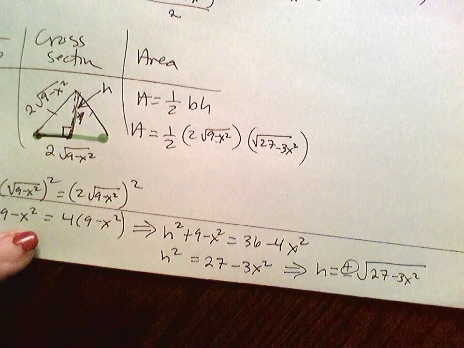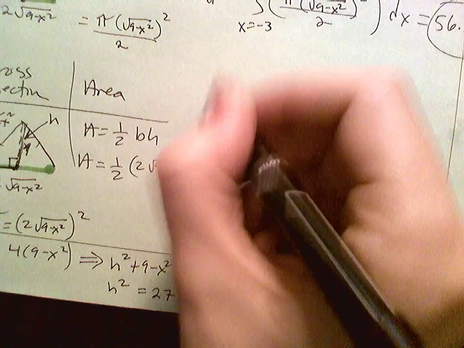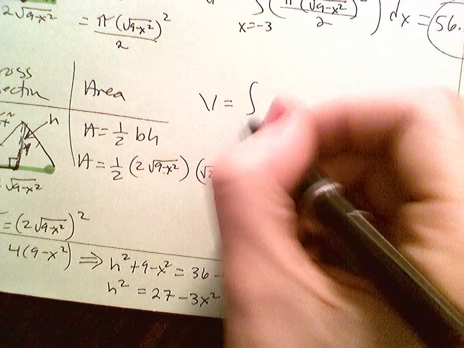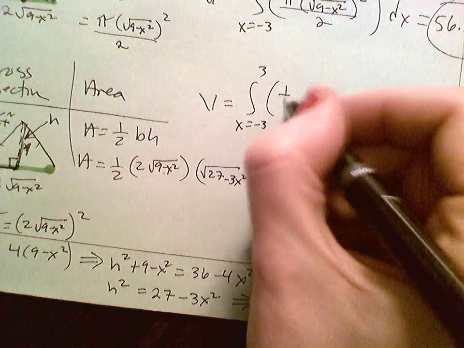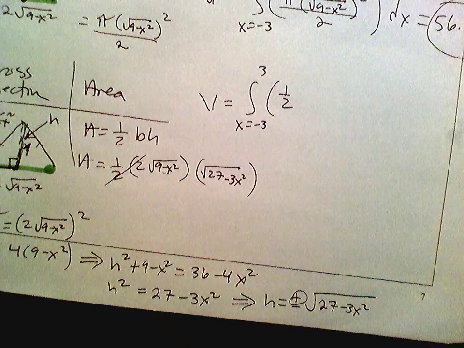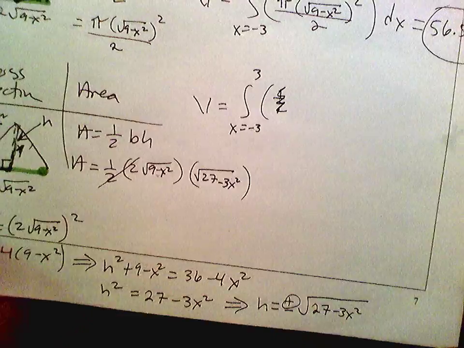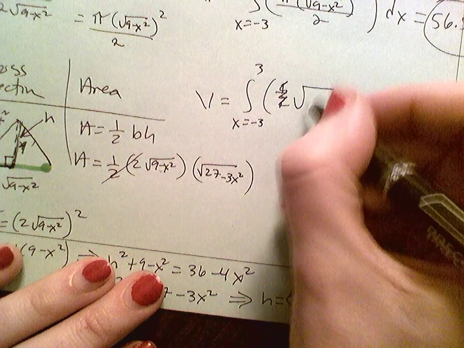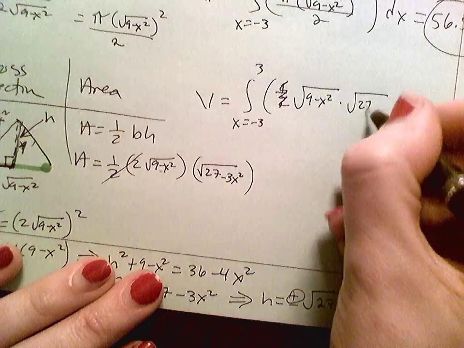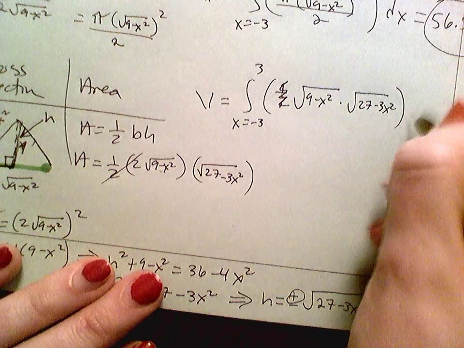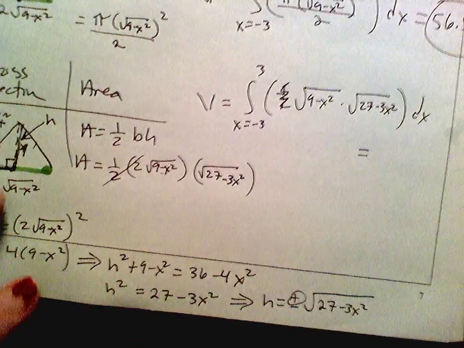I've just got to add up all those areas. So this last volume is the integral from x equals negative 3 up to 3. That 1/2 and that 2 cancel, so this is radical 9 minus x squared times radical 27 minus 3x squared dx.